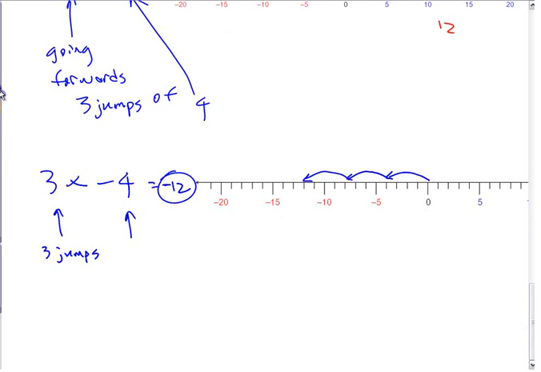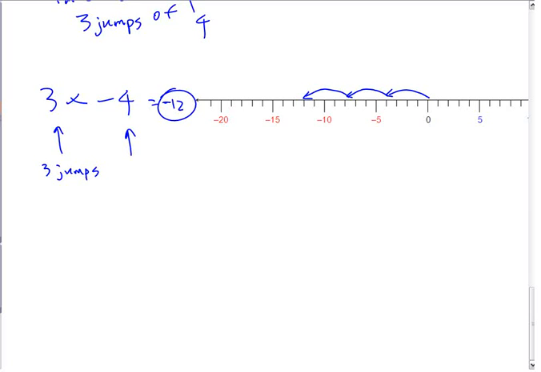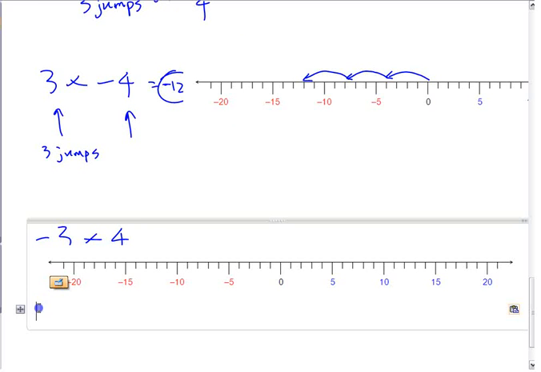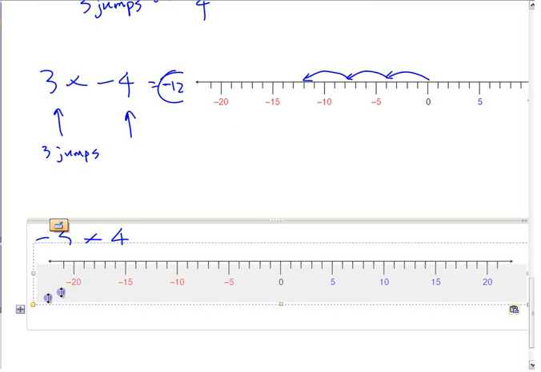What about if I make the first number negative? This is harder to think about with jumping. But if we were going to think about this with jumping, this is not like going forwards 3 jumps.